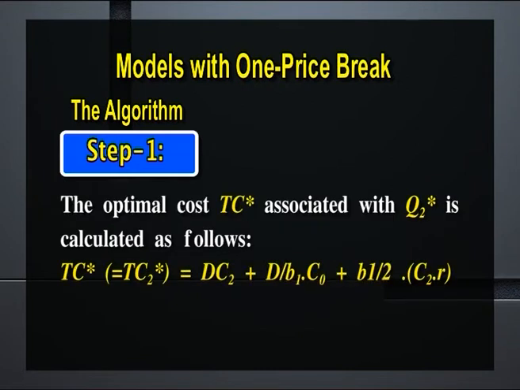The optimal cost TC star associated with Q2 star is calculated as follows. TC star equal to TC2 star is equal to DC2 plus D by Q2 star into C0 plus Q2 star by 2 into C2 into R.